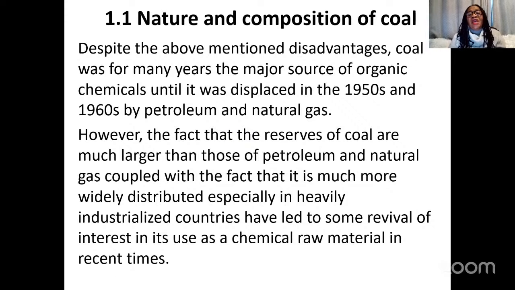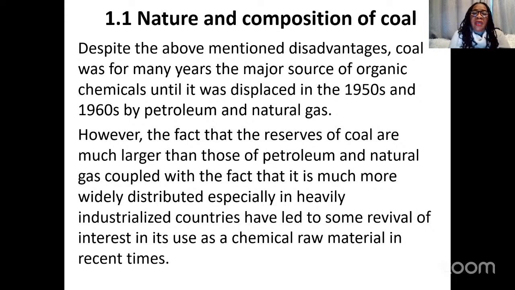So despite the above mentioned disadvantages, coal was for many years the major source of organic chemicals until it was displaced in the 1950s and the 1960s by petroleum and natural gas.